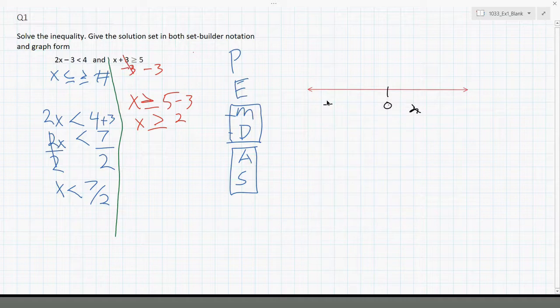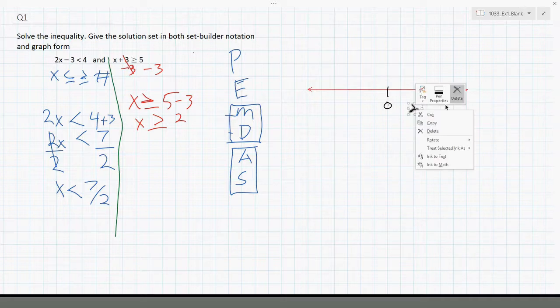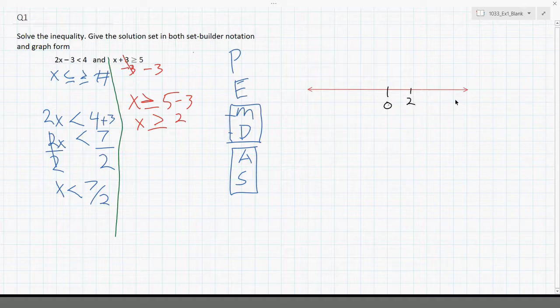Why are you not letting me erase this? Okay. So we're going to have a 2, and then we have a 7 over 2.